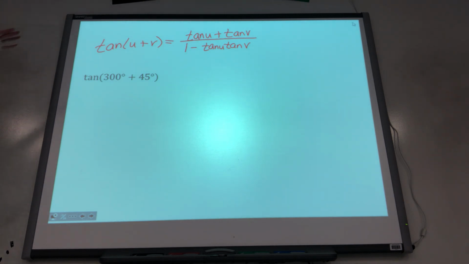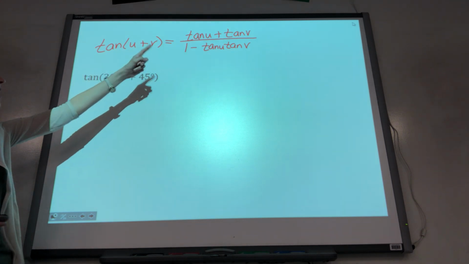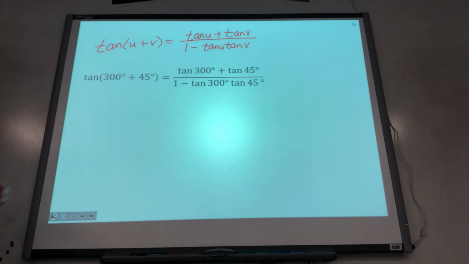Okay, adding on top, subtracting on bottom, you'll have tangent of 300 plus tangent of 45, all over 1 minus tangent of 300 times tangent of 45.